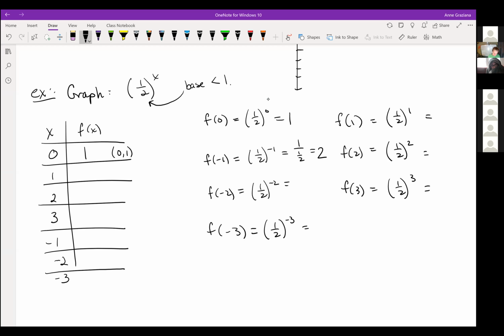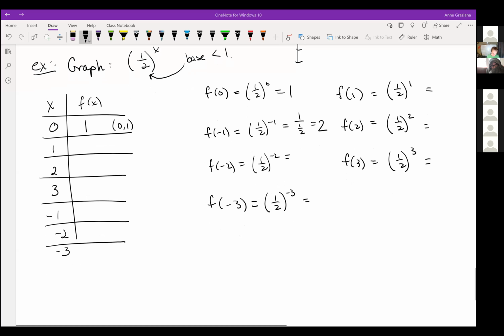Okay, for the negatives, did you guys get 1/(1/2) to the -1, which is just 2? This is 1/(1/4), which is just going to be 4 because it'll be 1 times 4/1. This is 1/(1/8), which is 8. Is that okay? Are you guys with me on that? Okay.